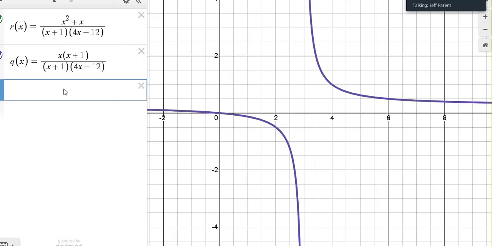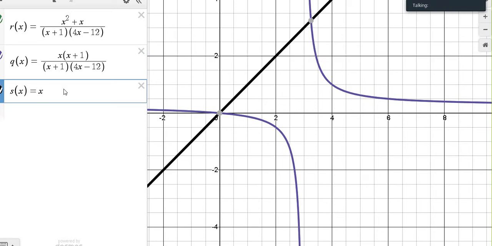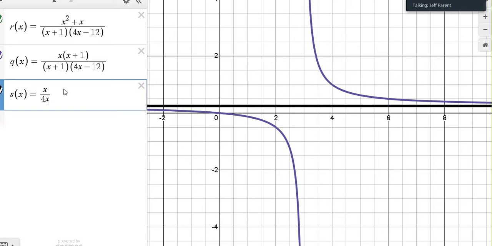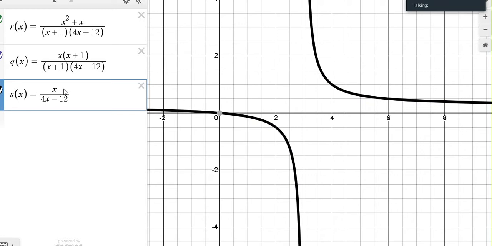So essentially what we've got is, say, s of x equals x over 4x minus 12. That's our graph. It's just that it's undefined at negative 1.